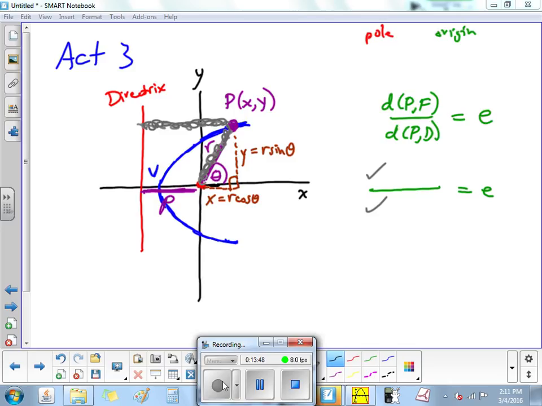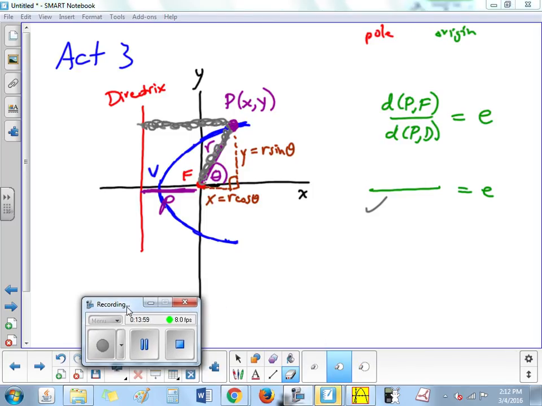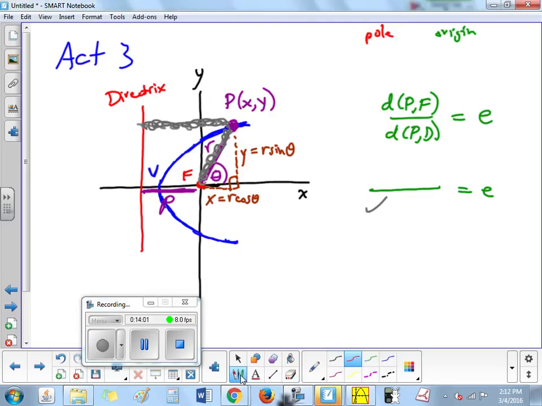Some people are having trouble finding the focus. Where did we say the focus would always be on these problems? The origin. Okay, sorry about that. Try again. Okay, so good. We got r for the numerator. That's the distance from the point to the focus. Try to get the other distance now.